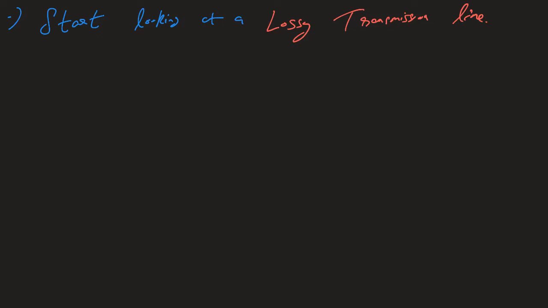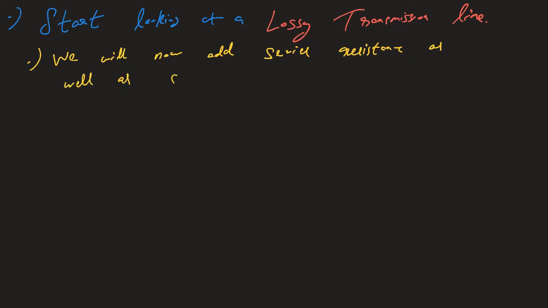So we want to consider a lossy transmission line, and what that basically means is that we will now add series resistance as well as shunt resistance.